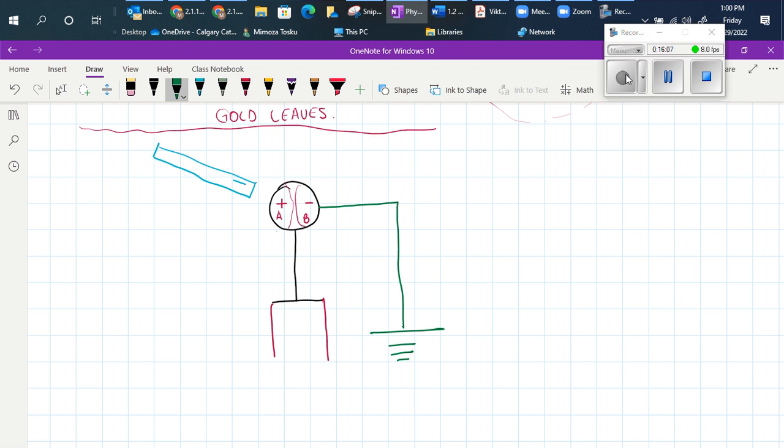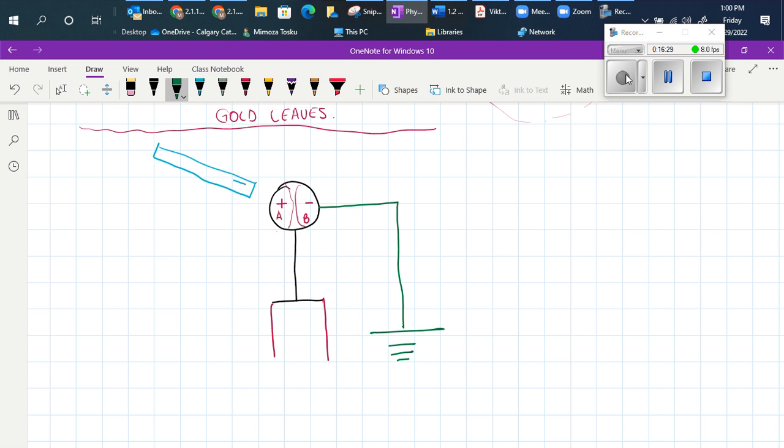I consider it a bridge, quote unquote, that allows the electrons to move either from the electroscope to the ground, to the earth, or from the earth, from the ground, to the knob of the electroscope.